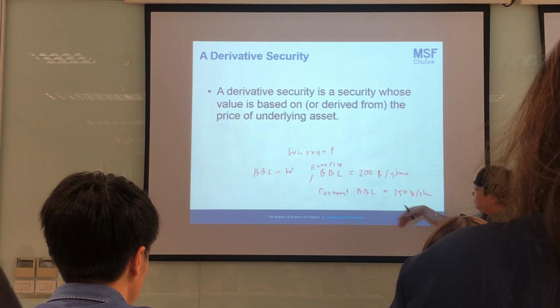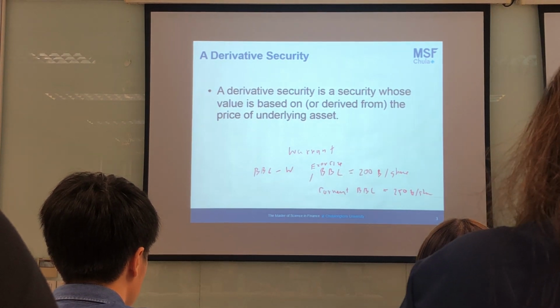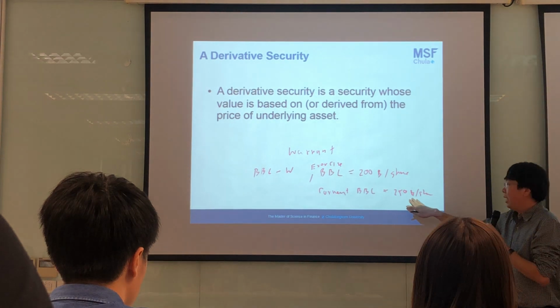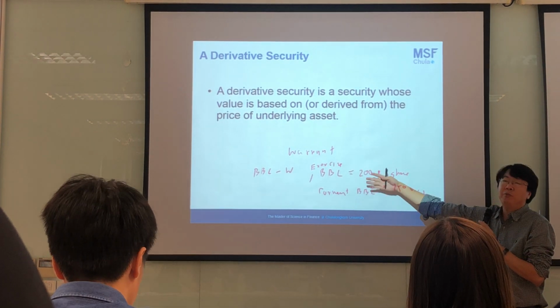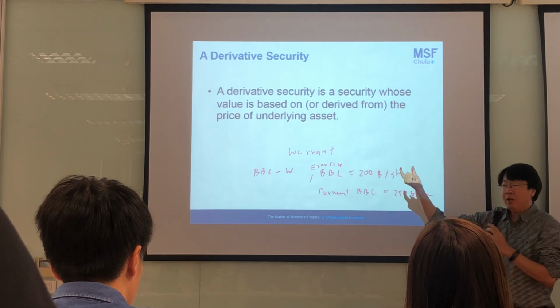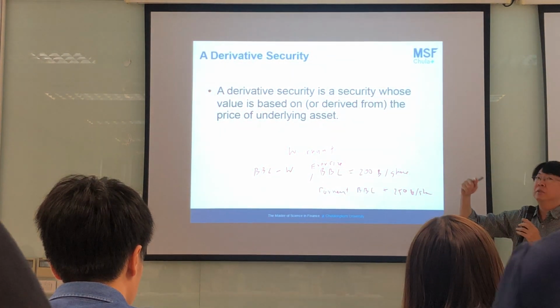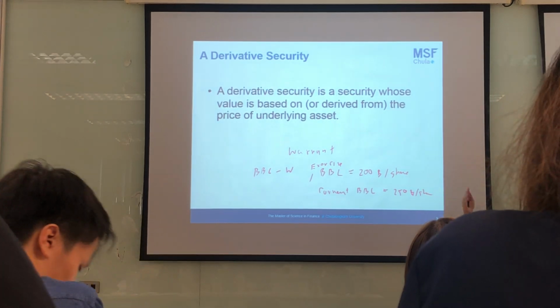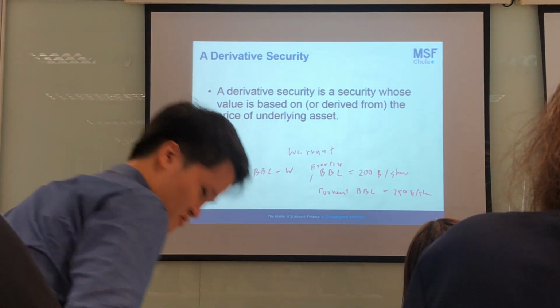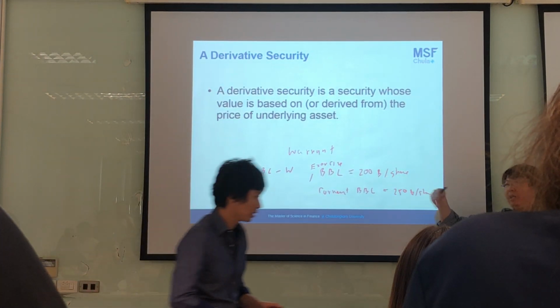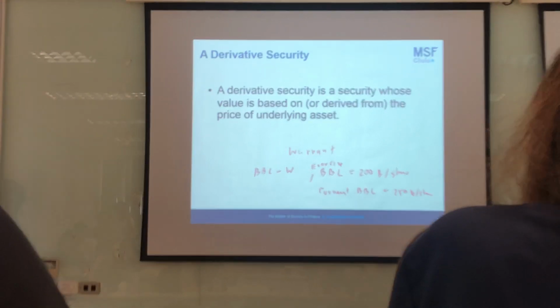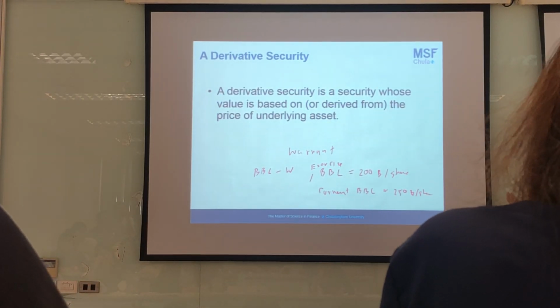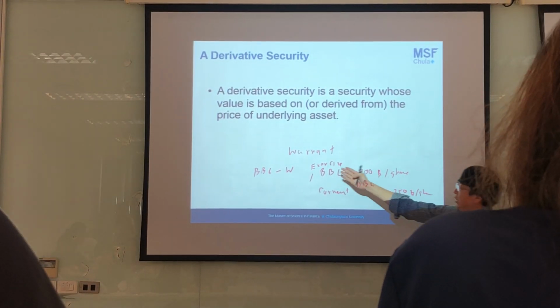Let's imagine if the current Bangkok Bank stock price is trading lower than 200, suppose 150 baht. So the value of the warrant should be 0. It's worthless, because you can buy the stock in the market at only 150. So this is just an example of the value of a warrant.